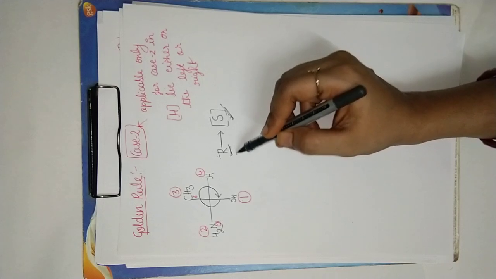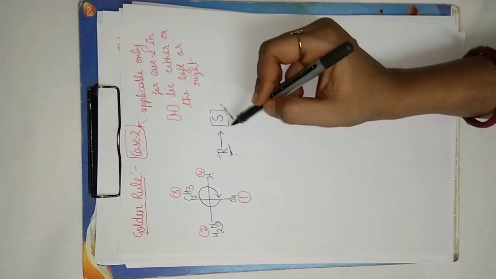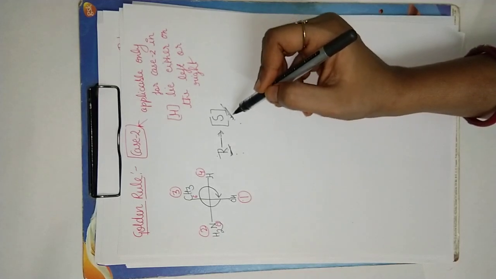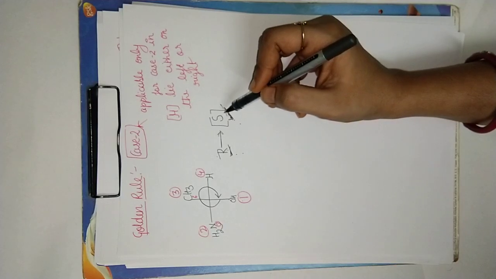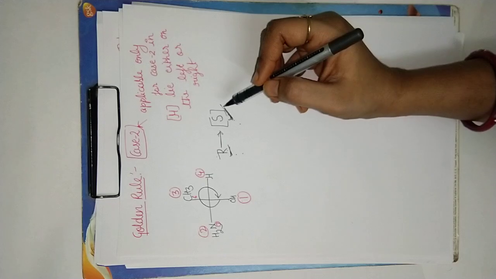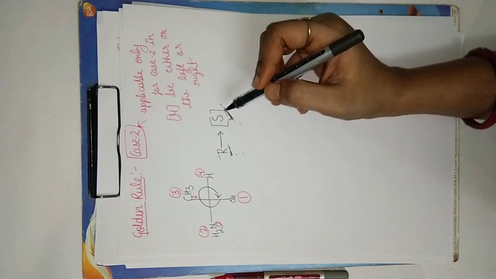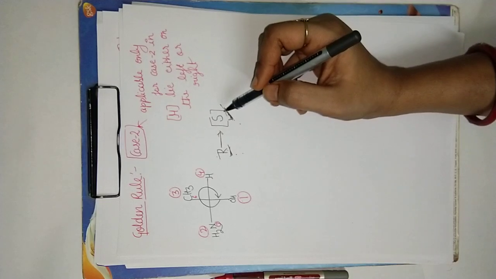If it is R, it is converted into S. If it is S, it is converted into R. This is the inversion of configuration, and this is the golden rule, a very good short trick for case 2 compounds if you don't want to interchange the groups.